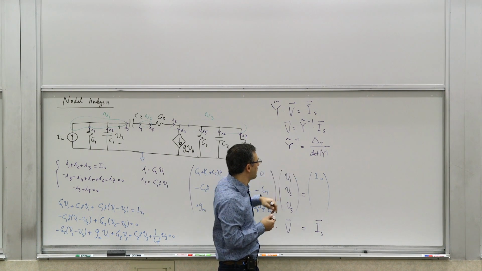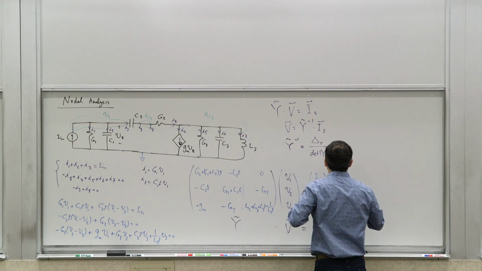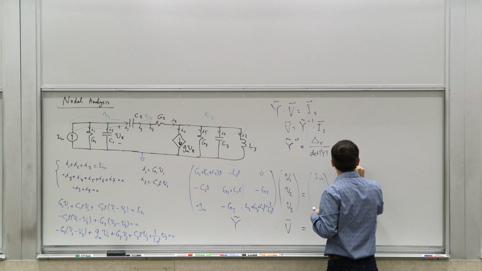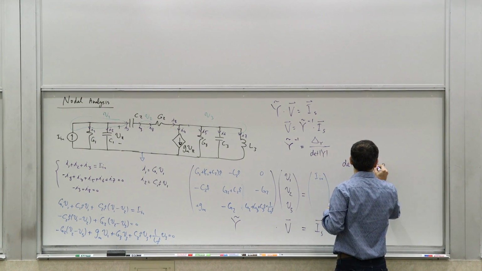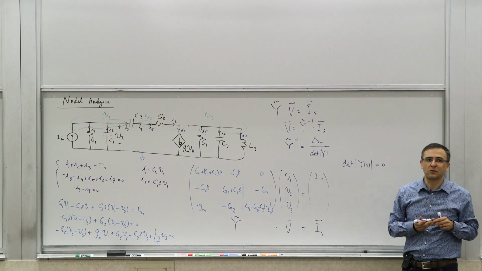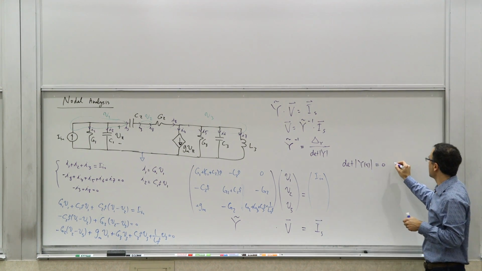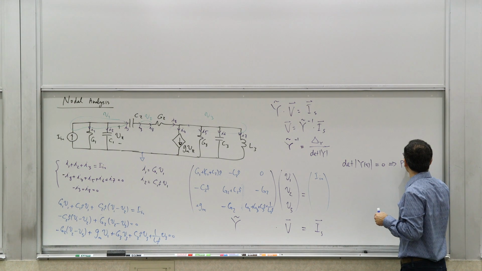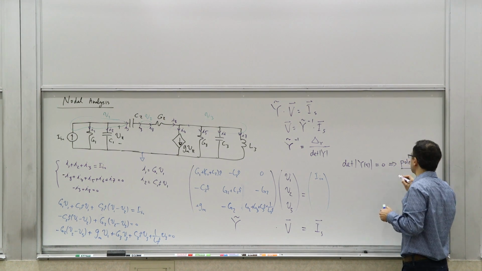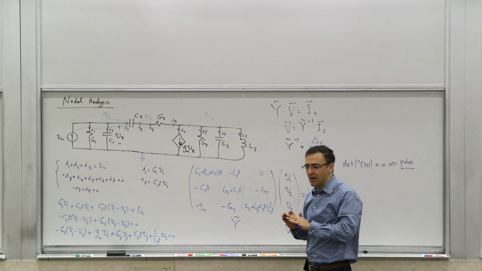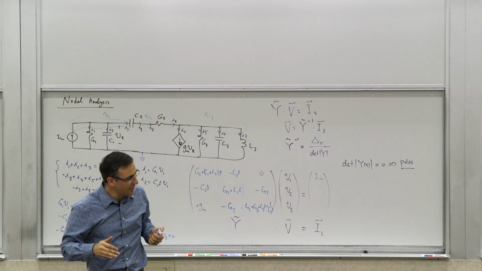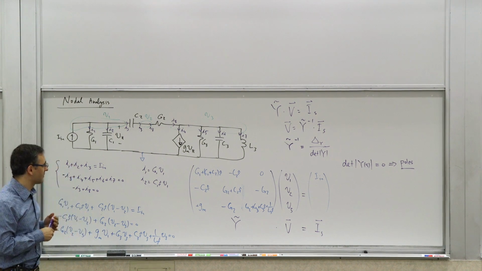And we will see that's important, because the roots of the determinant, Y of s, the frequencies at which it is 0, define the poles of the transfer function. We will see how we derive and find them, and we'll use them in circuit design and take advantage of them.